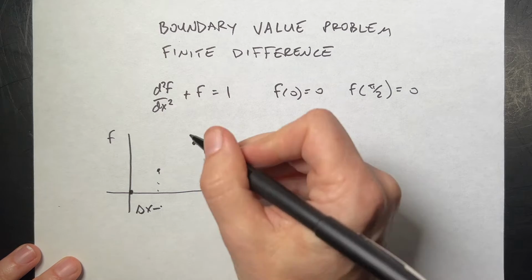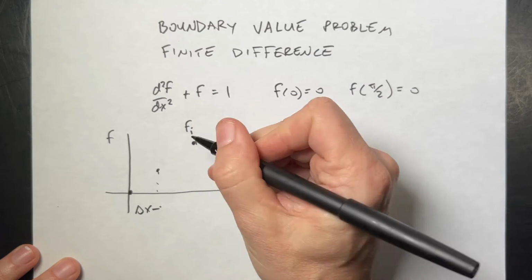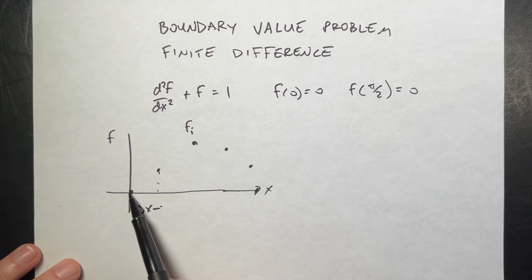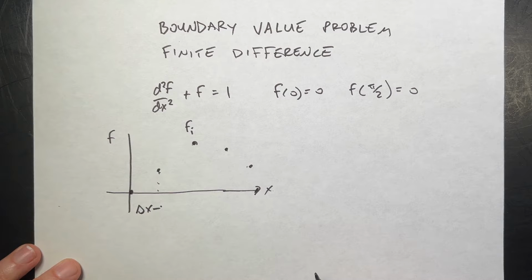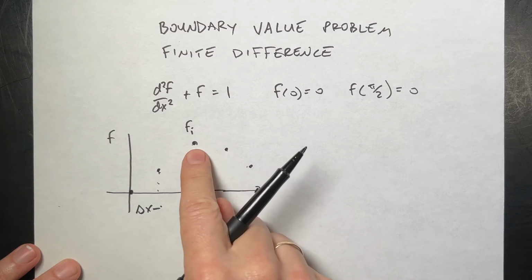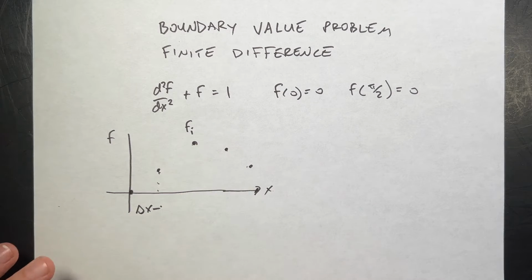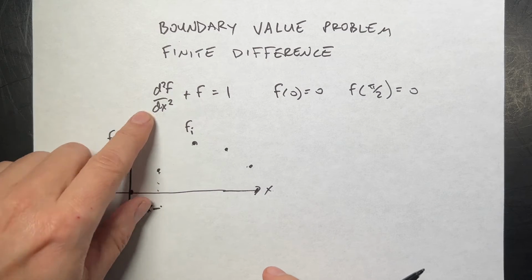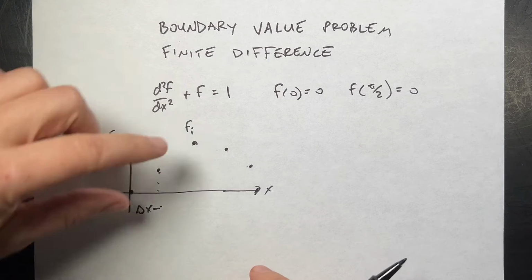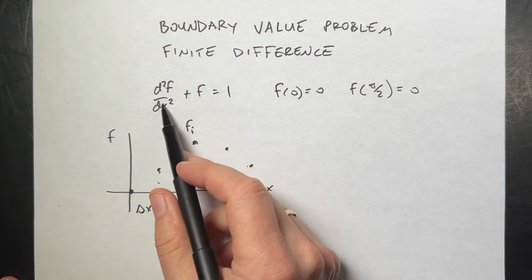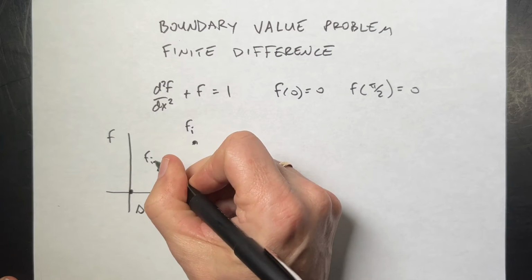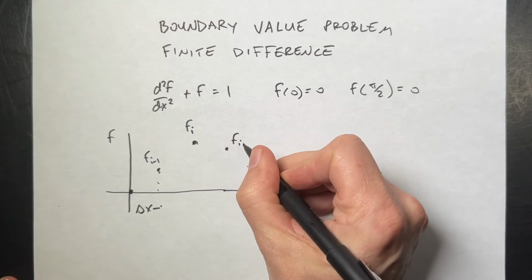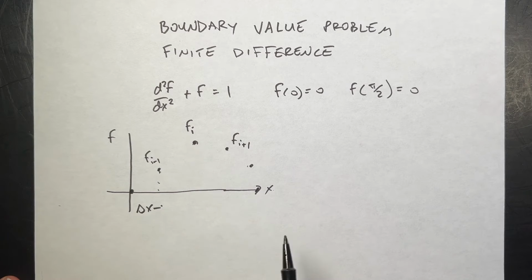If I call this fi, the ith element of f, so it's 0, 1, 2, 3, 4, 5, however you want to label them, how do I find the derivative right there? Actually, since we have the second derivative, I want to write it as an expression of these values. So this is fi minus 1, this is fi plus 1, and i is my index.